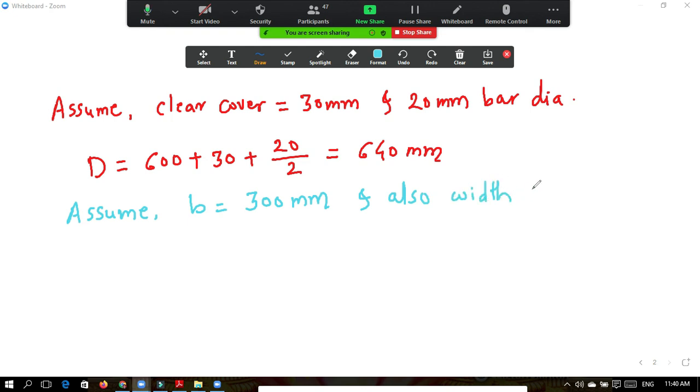So I will assume width of support is also 230 mm. So we have assumed B, that is width of the section. So width of the section is 300 mm and width of support is 230 mm. That we have assumed.